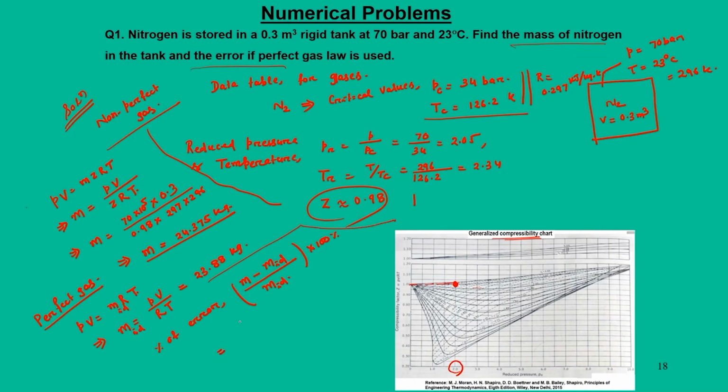So, this happens to be 24.375 minus 23.88 divided by 23.88. It is approximately 0.02, or close to 2%. So, for this problem, if nitrogen is treated as an ideal gas, we will introduce only 2% error.